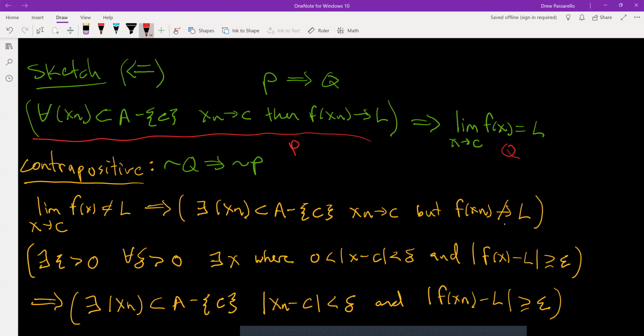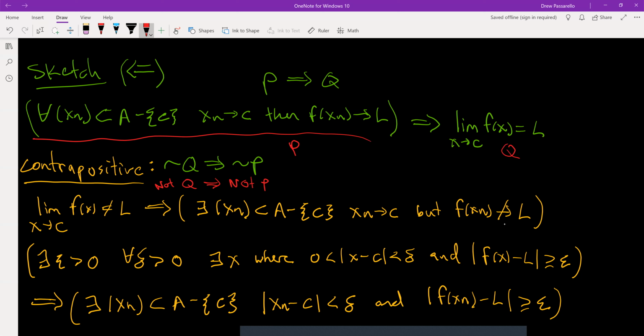So the contrapositive of that would be not Q implies not P. All right, so this is not Q implies not P. So not Q would be the limit as x approaches c of f(x) does not equal L, implies, and then I took the negation of P, where P is what I underlined in red.